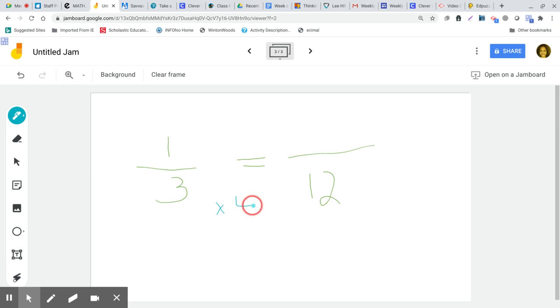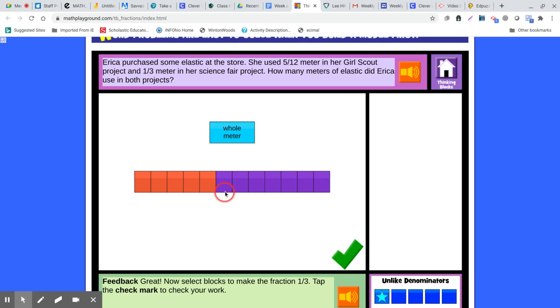So times 4. Isn't 3 times 4 12? So it's very important to know your multiplication facts. 1 times 4 is 4. So I must need to select 4. You guys agree with that? All right. 1, 2, 3, 4.